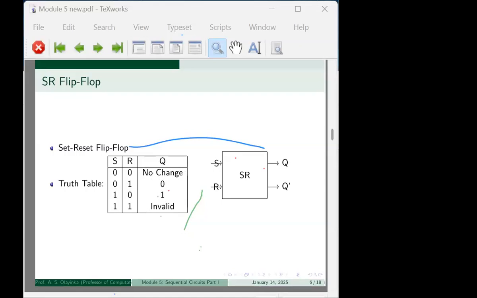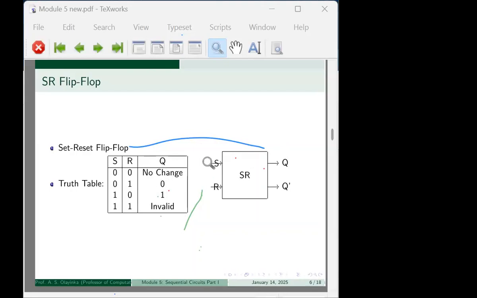Then when you have 1, 1, for the case of Q, you have invalid. This no change simply means that the previous state is what will be reported for you. So here will be invalid.